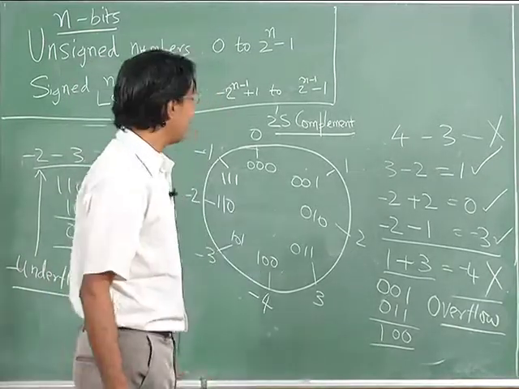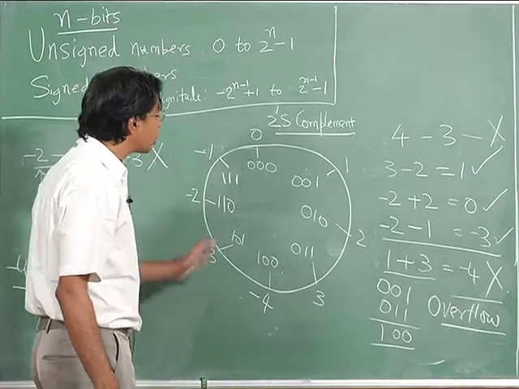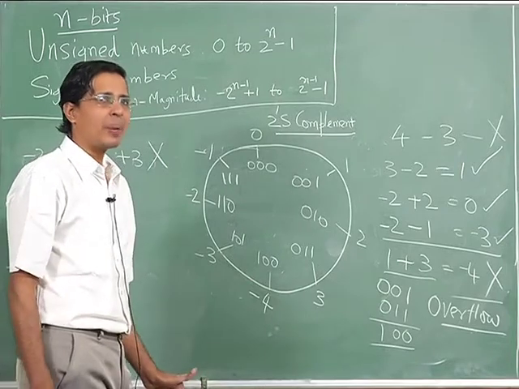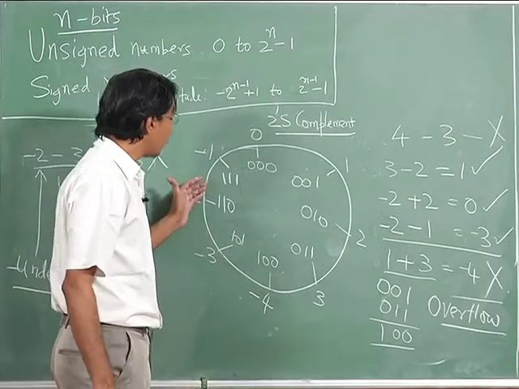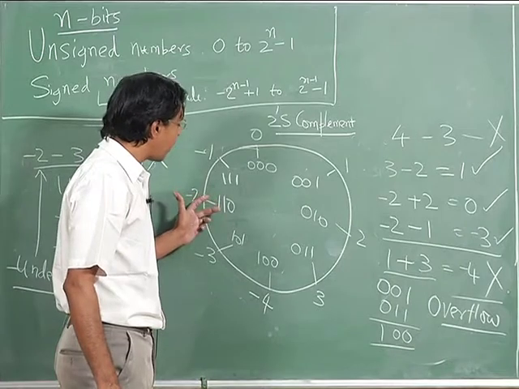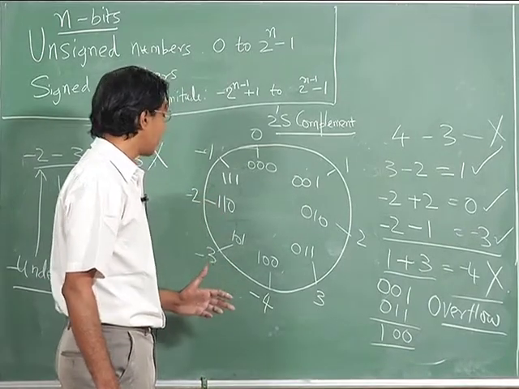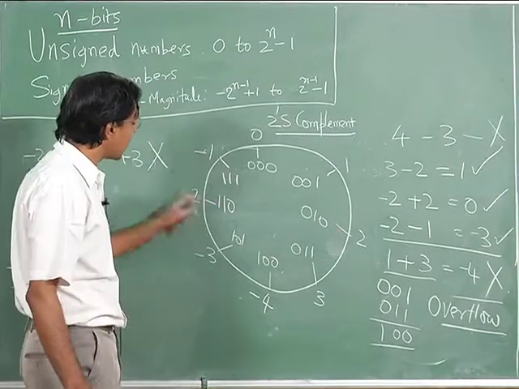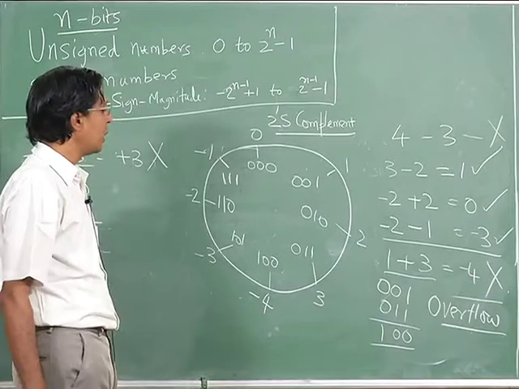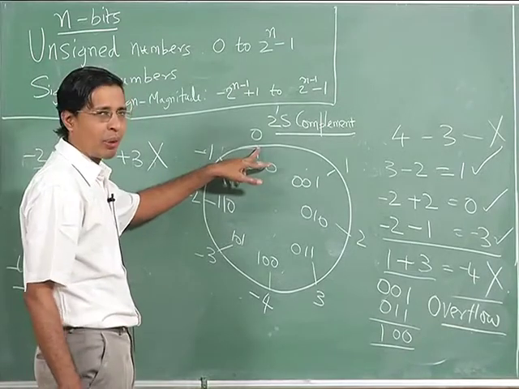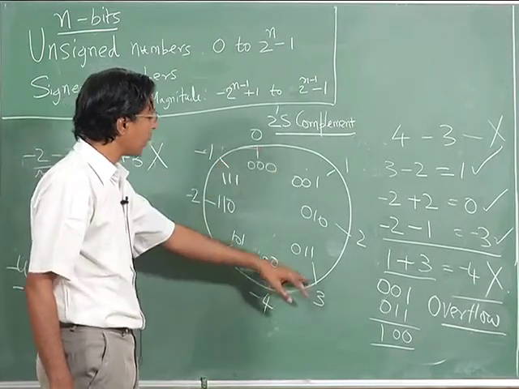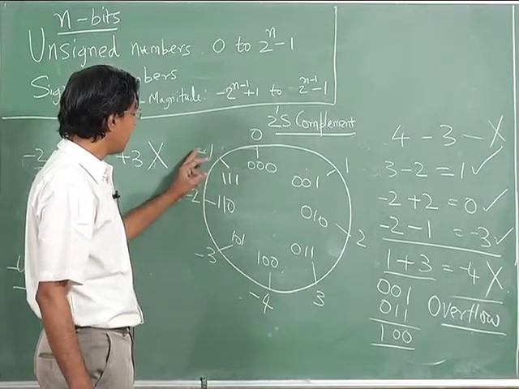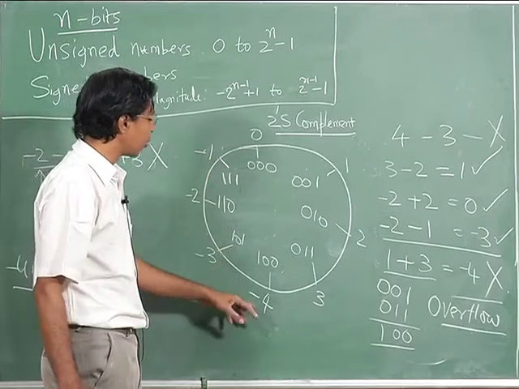Please note that an underflow can happen, assuming that the inputs are within this range, only if I am going to have two negative numbers. For example, minus 2, minus 3. I can't have one positive number and another negative number and create an underflow, because the most positive number is 3, and the least negative number is minus 1 or minus 4.